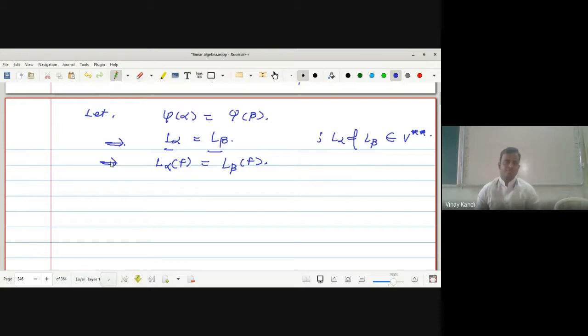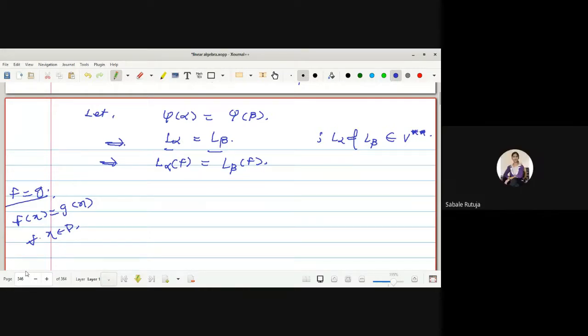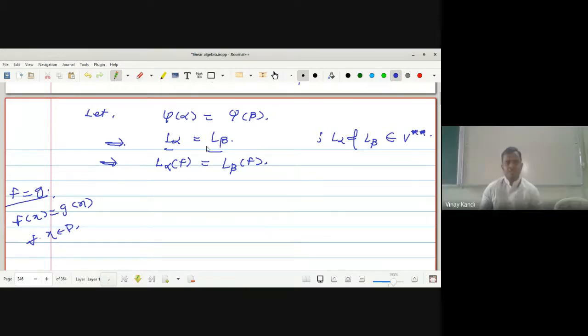If two functions f and g are equal, when do we say so? f of x is equal to g of x for all x belongs to our domain. Is it correct? Yes, sir. Similarly, L alpha is equal to L beta when L alpha of f equals L beta of f for all f belongs to V star.